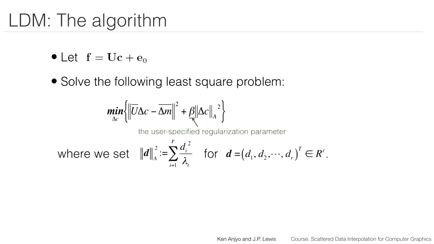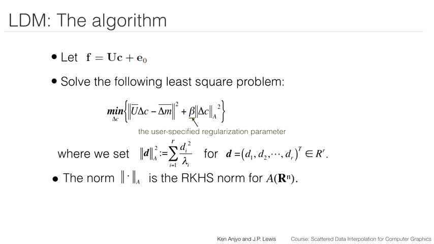Here we use a slightly different norm, which we could call the RKHS norm. I'll explain these things again later. But anyway, in this case, we made this formulation based on Bayesian estimation techniques. So we suppose that something stochastic or probabilistic in nature is included in the face geometry during the editing process.